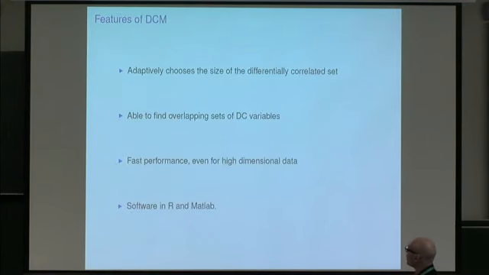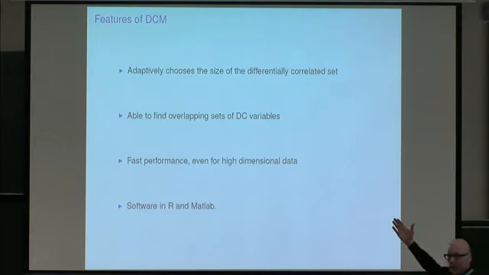Okay. So, some features. We do not choose the size. The size of the differentially correlated set is essentially chosen by Benjamini-Hochberg, right? We do not say in advance how many sets we expect to find, or how large we expect the sets to be, right? We don't say, well, we want to look for a set of 150 things. Well, there may be no set of 150 things, right? So we'll see in practice, it varies from thousands to tens, typically.